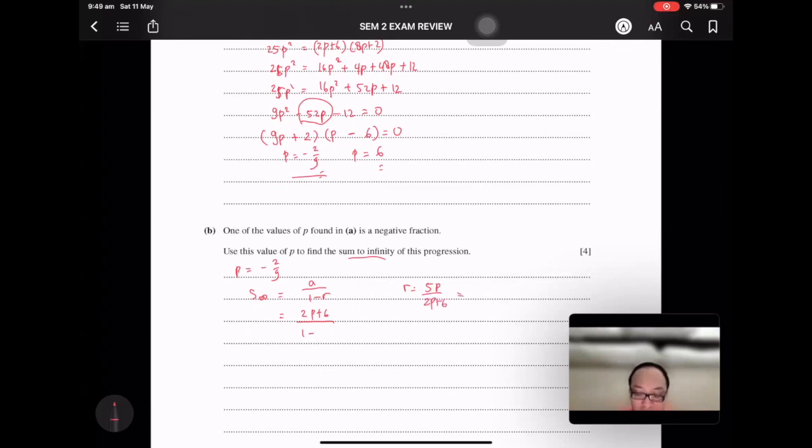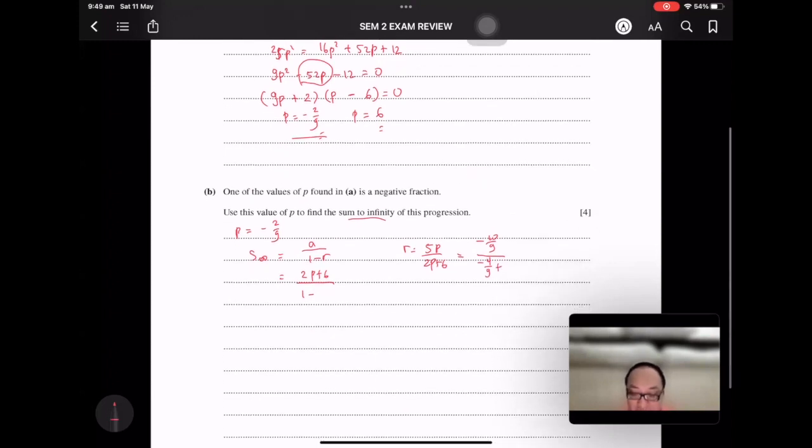So we replace the value of p: negative 10 over 9, divided by negative 4 over 9 plus 6. So what is this? We can use calculator.